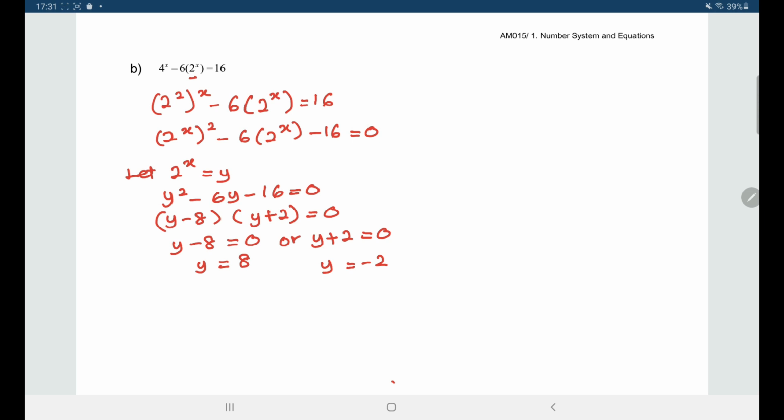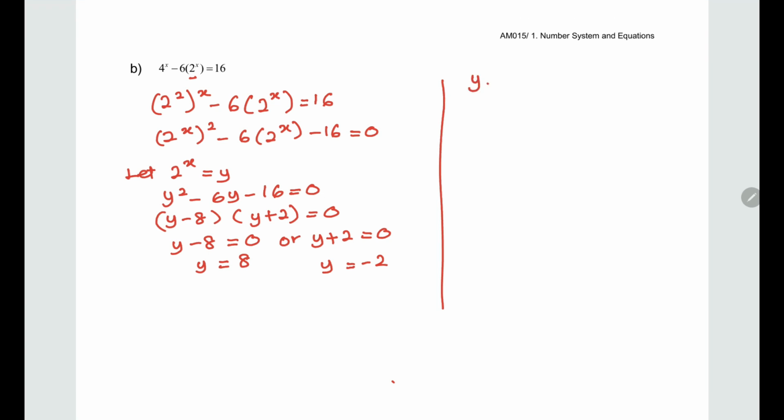Here is not the final answer, so we must find x. Substitute y equals to 8 into 2 to the power of x. Okay, for y equals to 8, 2 power of x equals to y, so 2 power of x equals to 8.